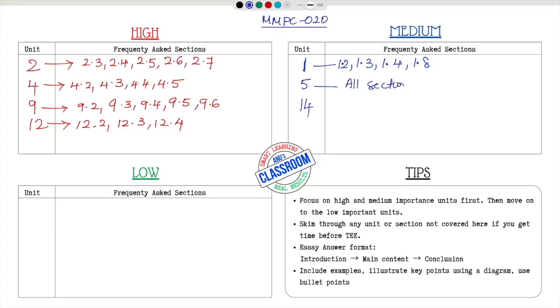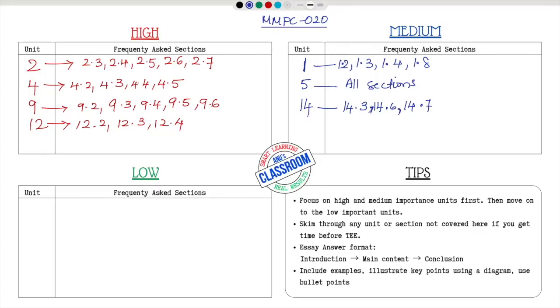Unlike the other units, this one I cannot narrow down because all sections are important. Questions have come in such a way that you need to have an overall understanding of everything in Unit 5. But in Unit 14, I can tell you it is 14.3, 14.6 and 14.7 that have been the examiner's favorite sections so far.